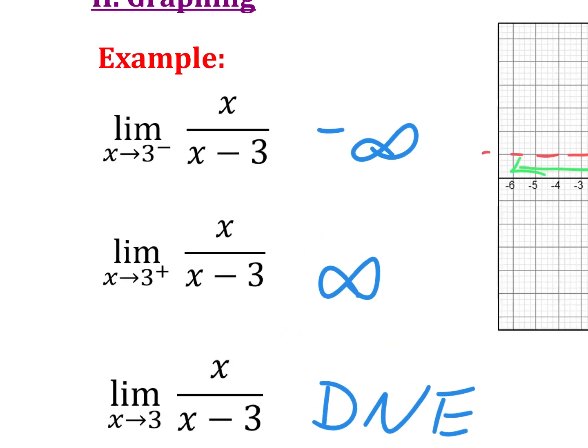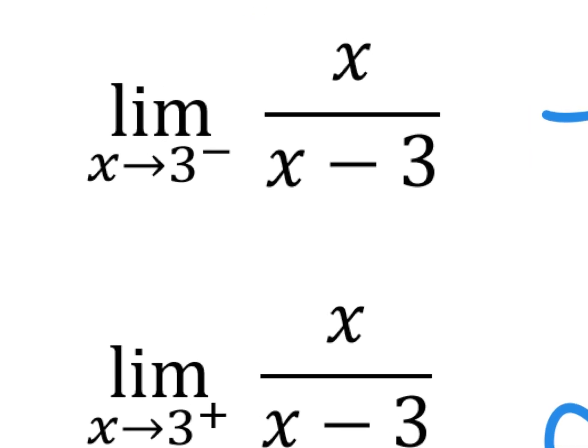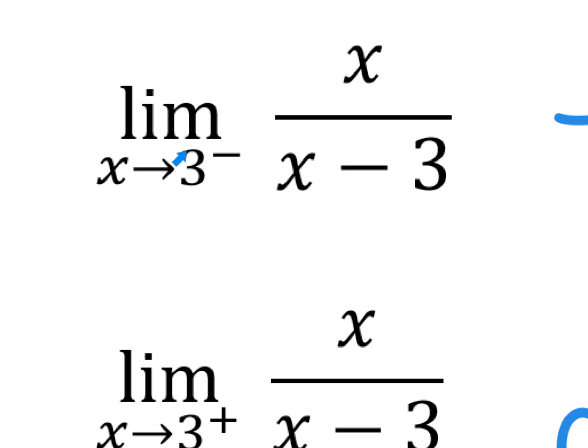Let's say hypothetically, though, what if we didn't have a graph or we just forgot? If I want to know the limit as x approaches 3 from the left, and I want to do this algebraically, I'm just going to choose a number really, really close to 3, but just barely before it. I'm going to choose 2.999.